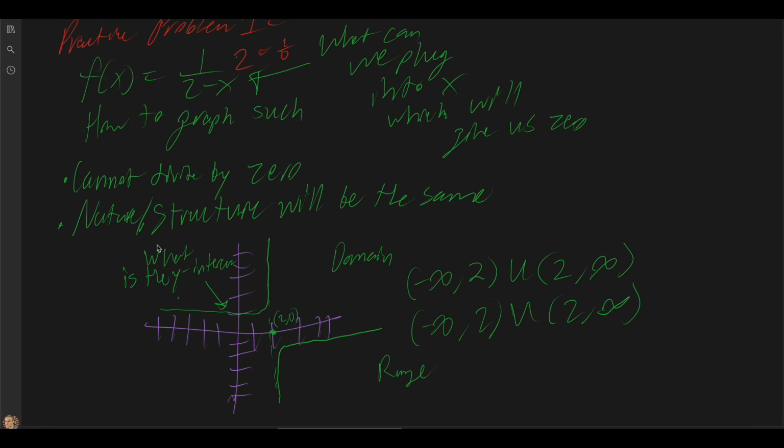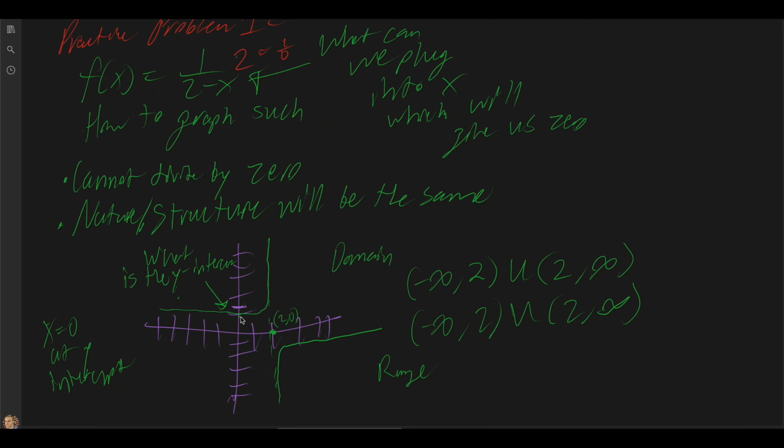And it's pretty self-explanatory. Whenever we have the y-intercept, that would be when x is 0. And so I'm just going to move this up a little more. There we go.